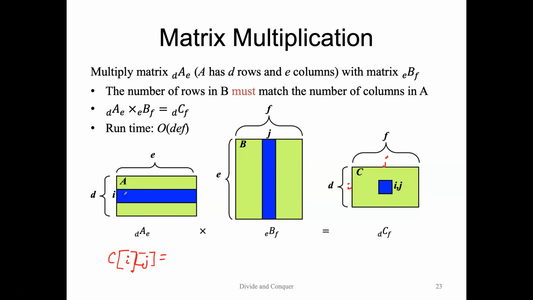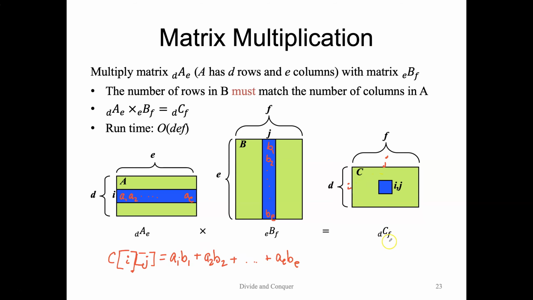So let's say we have here A1, A2, and so forth all the way up until AE, since we've got E columns. And here we've got B1, B2, all the way up until BE. Well, our result will be A1 times B1 plus A2 times B2 plus all the way up until AE times BE. So we have E multiplications that we have to take and E minus 1 additions that we have to make.